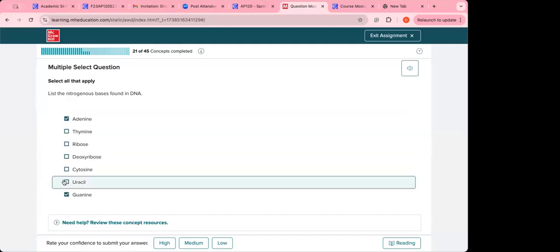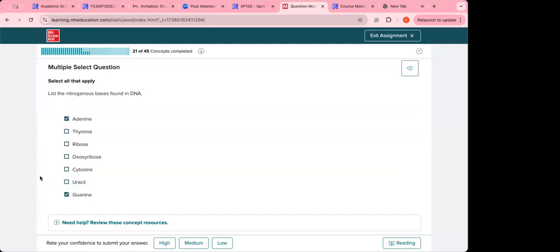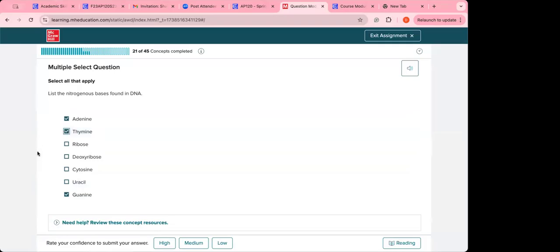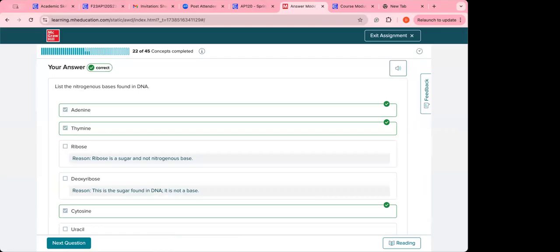Uracil, not in DNA. That's in RNA. Thymine is the one, and cytosine. A, T, and G with C, guanine and cytosine. Okay, so let's do that.